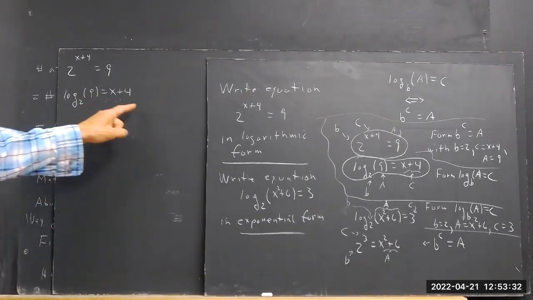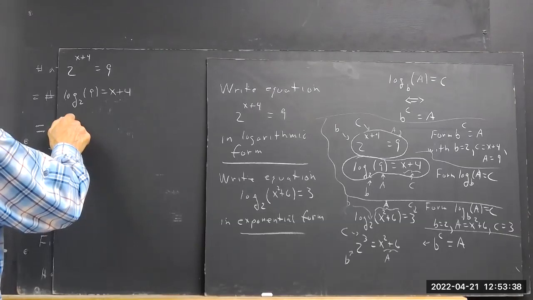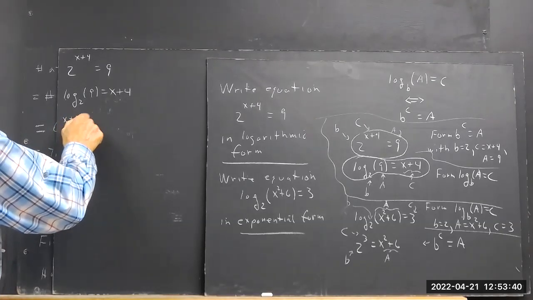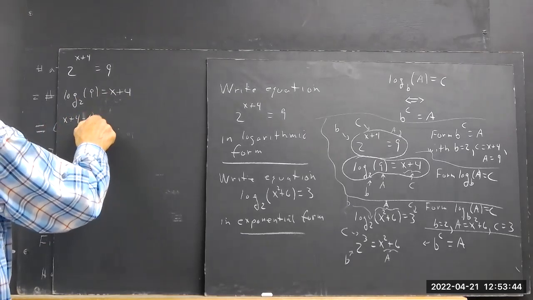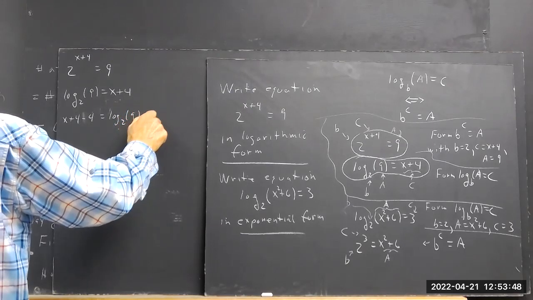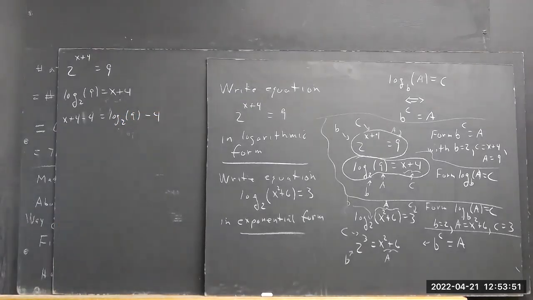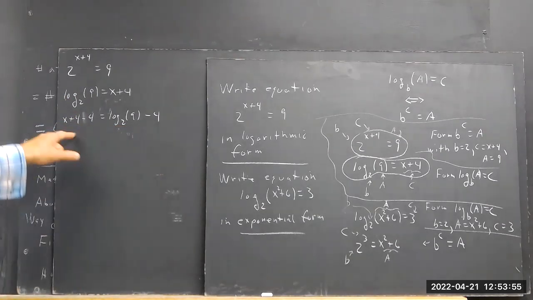Well, we've got what x plus 4 equals. I'll write the x plus 4 on the left side and the log base 2 of 9 on the right side. So I just reverse the two sides, and I subtract 4 from both sides, and that gives me x.